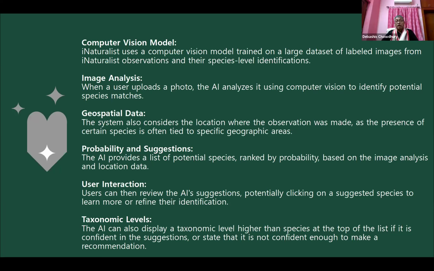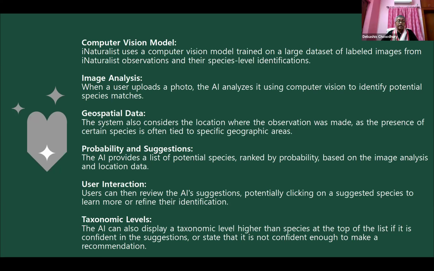So while looking for a suggestion, the AI, that is computer vision, weighs that option also, whether that particular species is possible to occur in that region. So a suggestion that is not found nearby is treated differently, which is also a useful thing.